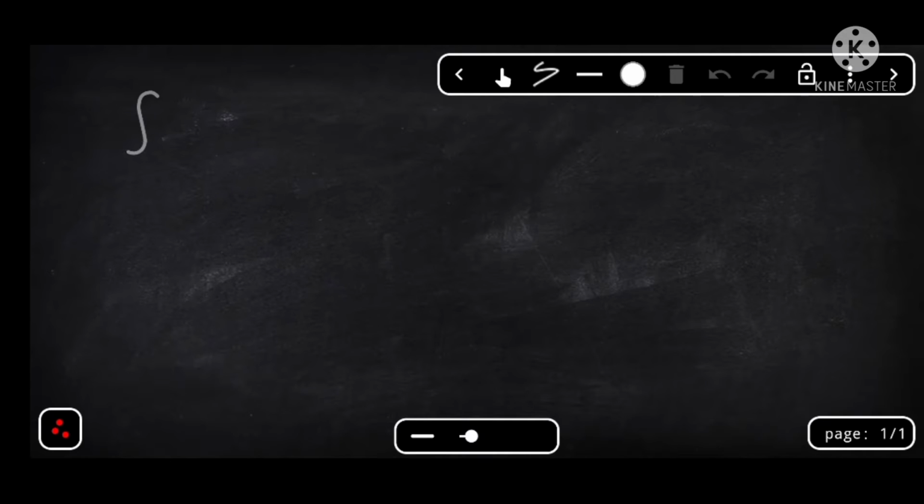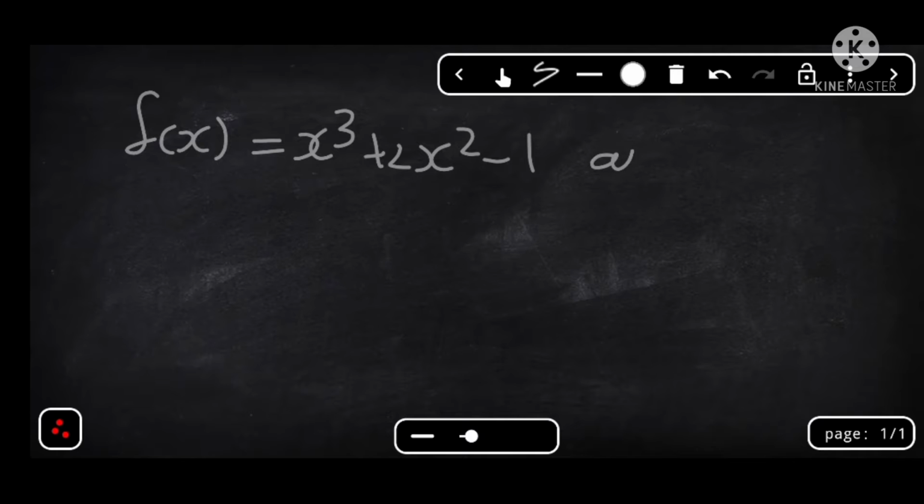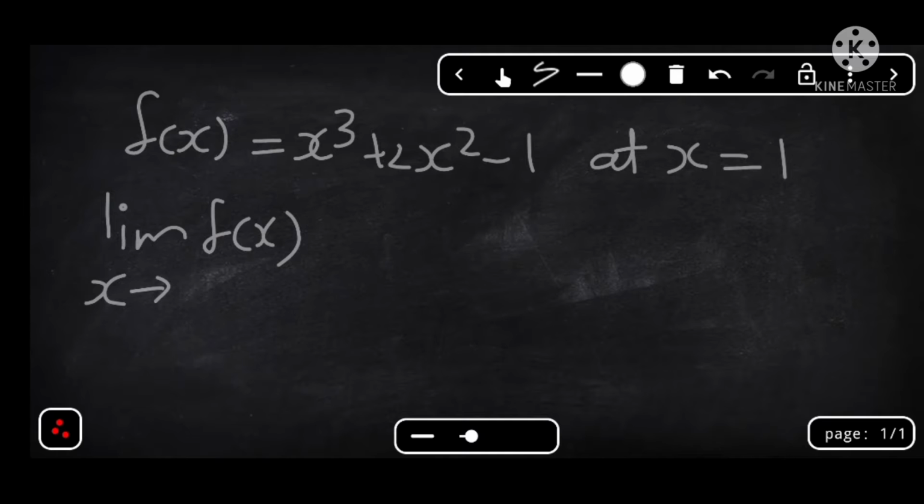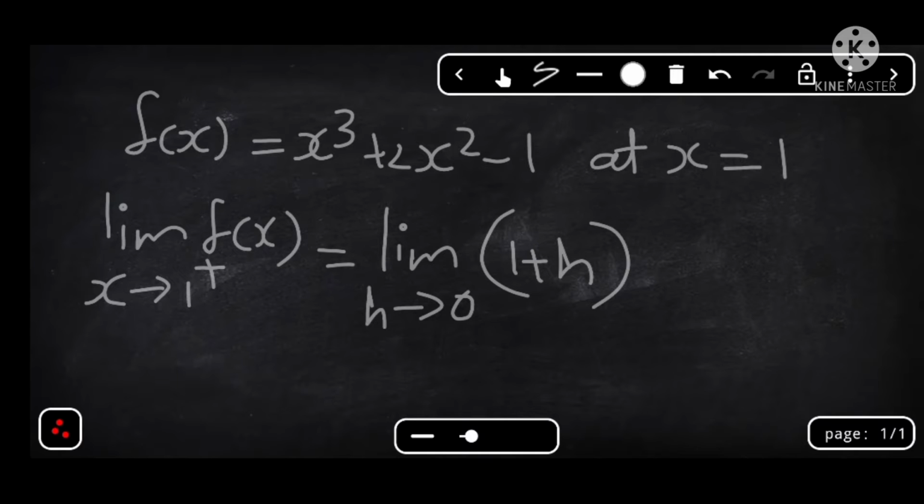So first of all, f of x equal to x cube plus 2x square minus 1 at x equal to 1. Suppose limit f of x, our limit is 1 plus, which means 1 plus any number, so more than 1. So I am writing it as limit h tends to 0, adding a new variable h, which can be any number.